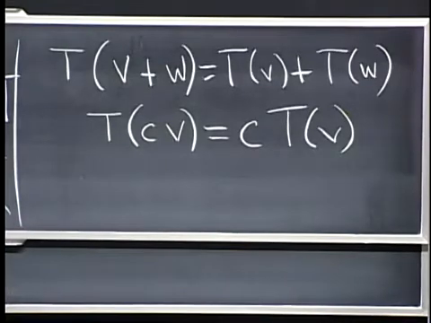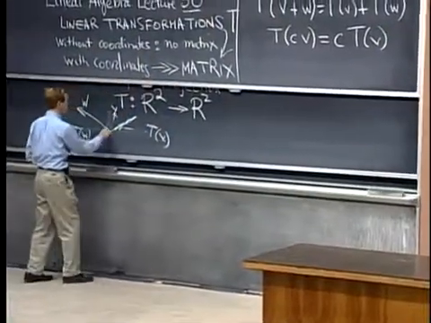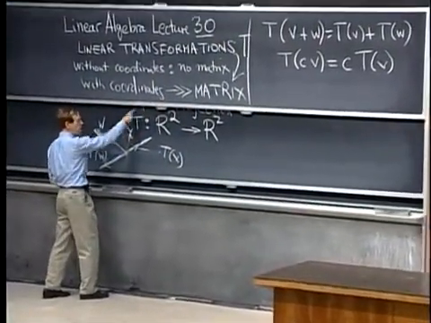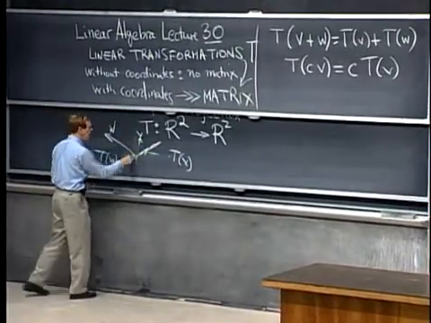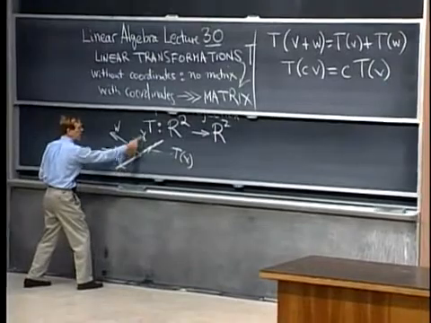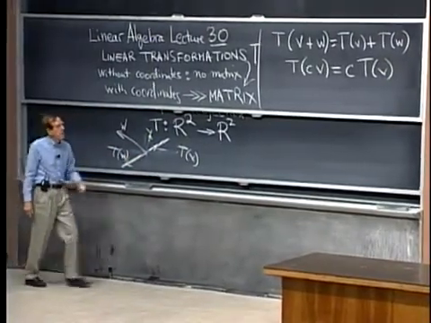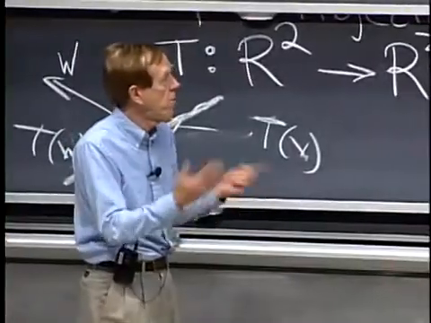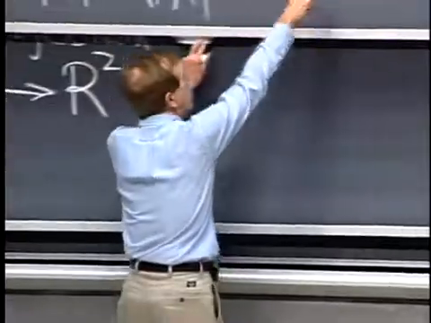For example, the projection is a linear transformation because if I took V to be twice as long, the projection would be twice as long. If I changed from V to minus V, the projection would change to a minus. So c equal to 2, c equal to minus 1, any c is okay.